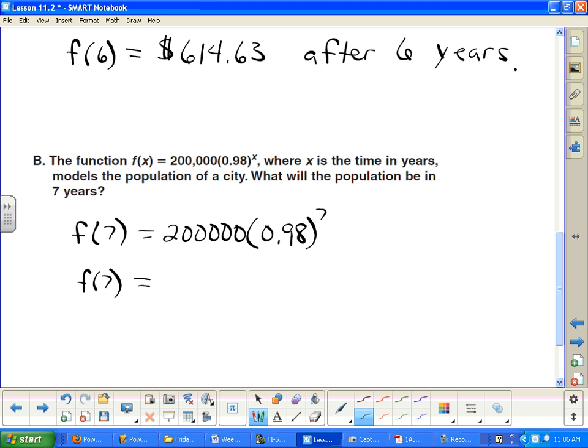So what kind of cool number do we get? 173,625 point, we're always going to go 2 decimal places. 1 people.